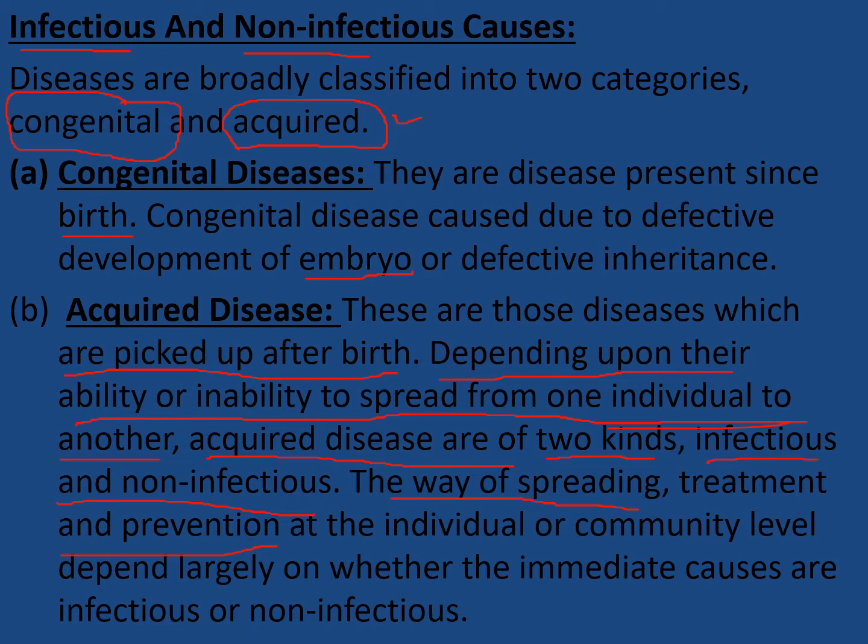If it is infectious, then we can use certain techniques of spreading, treatment and prevention. If the disease is non-infectious, then we can use another technique, because these two kinds of diseases are totally different. And this is the first page of this portion. Please copy down.